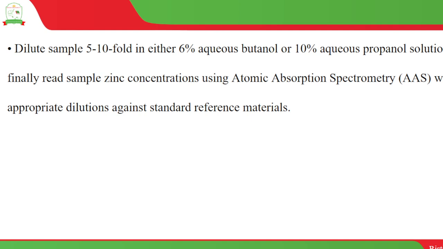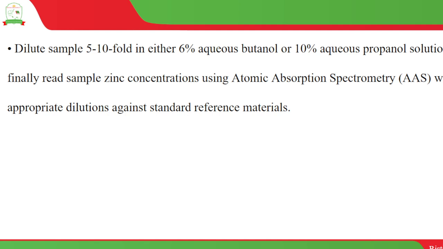So you dilute the sample. This 5 to 10 fold means you dilute the same sample with 10 mL, you take some mL from that diluted one and dilute again, you take another from that second diluted one and dilute again. So you dilute 5 to 10 times in different test tubes, and you now measure how much is there.